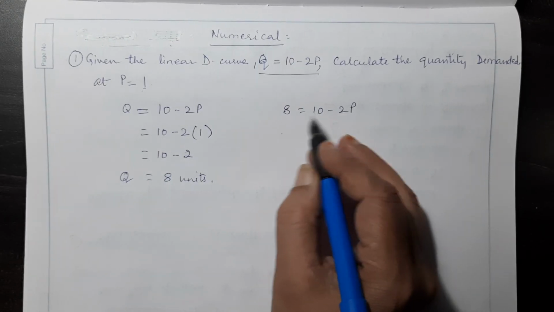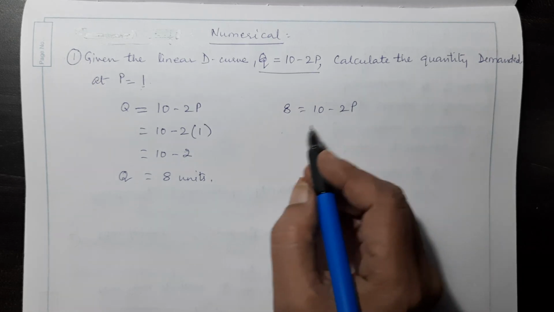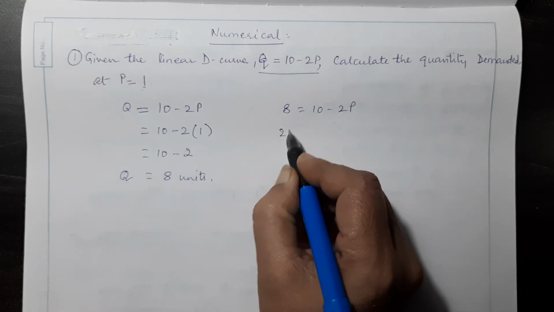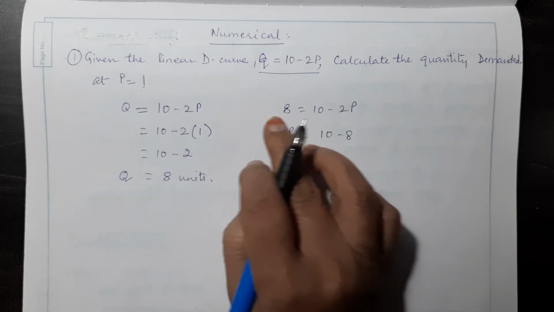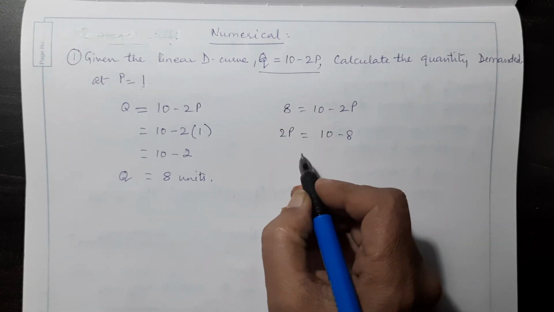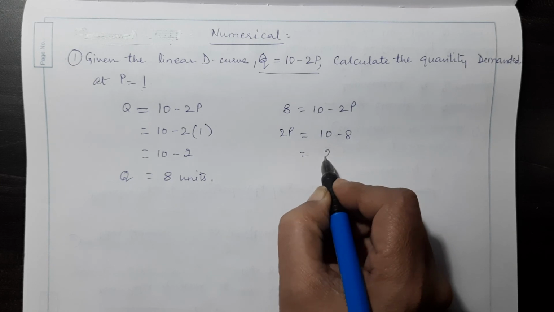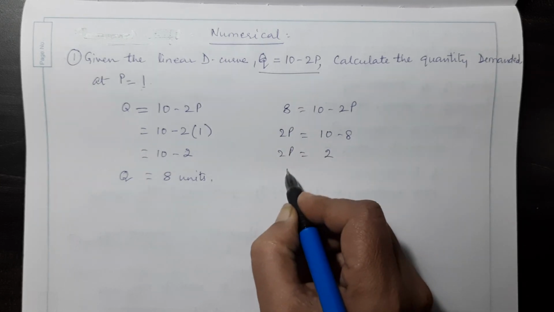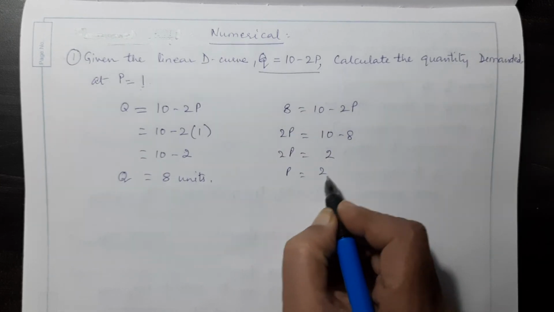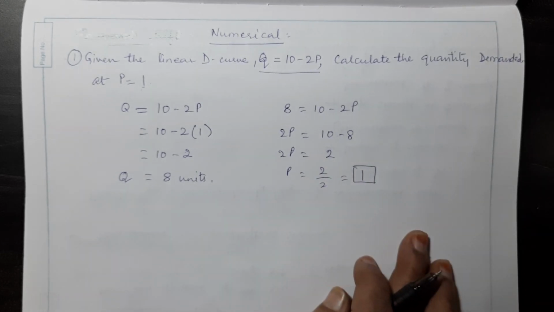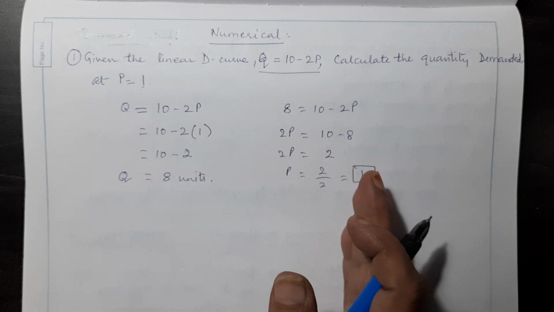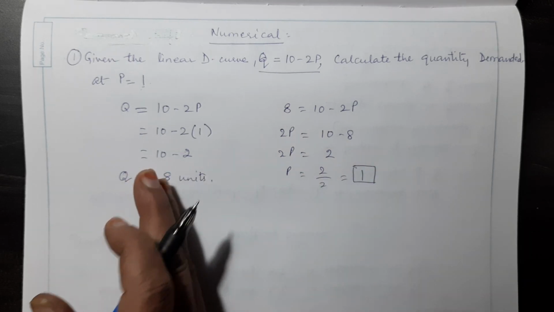You rearrange it and you get 2P is equal to 10 minus 8. So rearrange it, bring it to the left and right, and so you get 10 minus 8 is equal to 2, and this is 2P, or P is equal to, this is a multiplication, so 2 by 2 equal to 1. So we again get back the same value. So in case Q is given, you do it like this. In case P is given, then you solve it this way. Okay.